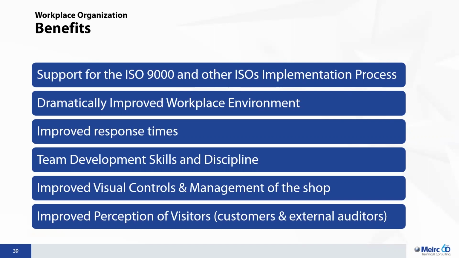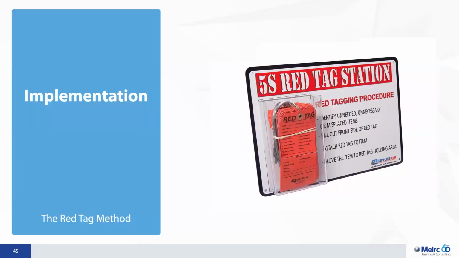People who work in an organized manner, in such places and environments, tend to achieve more. The discipline and of course having the visual management and controls in place will provide better perceptions for visitors, customers, or external auditors as well. So lots of benefits that we can get there.